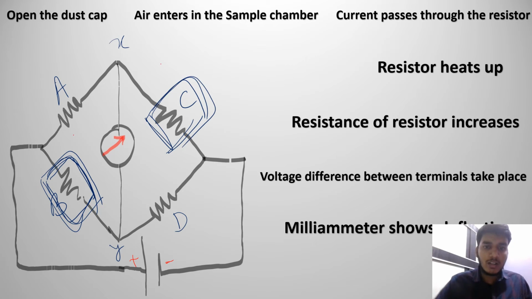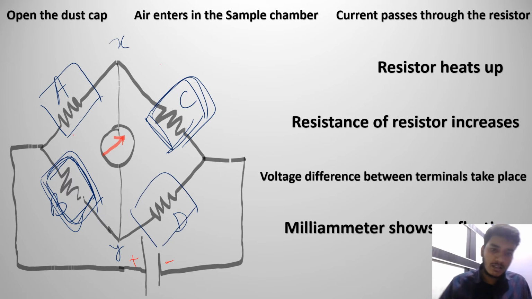That means no outer air will be allowed to enter these resistors. A and D resistors are allowed to have the outer air atmosphere enter them. How will the air enter these resistors?